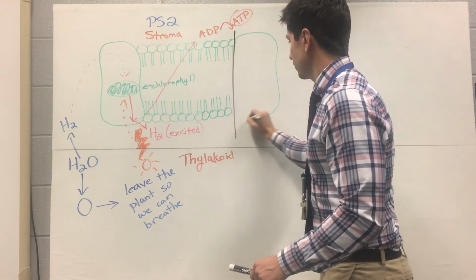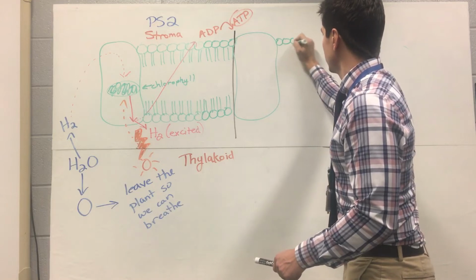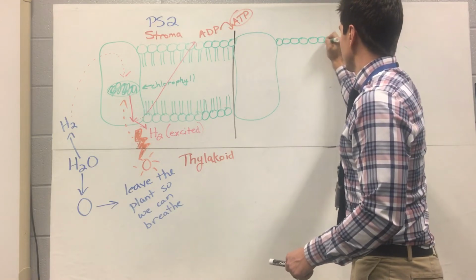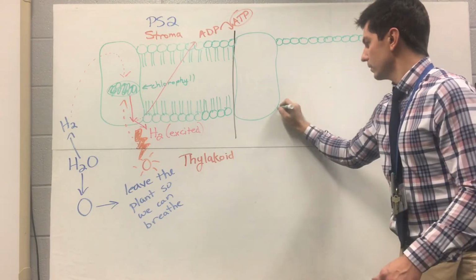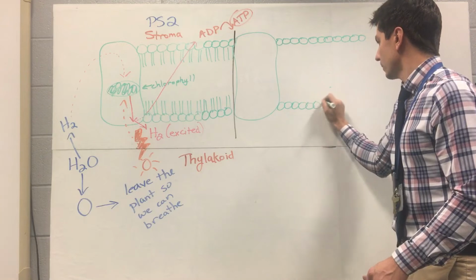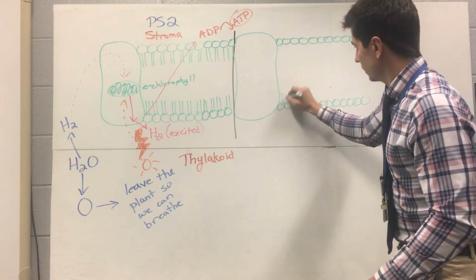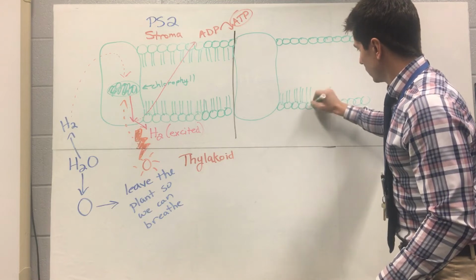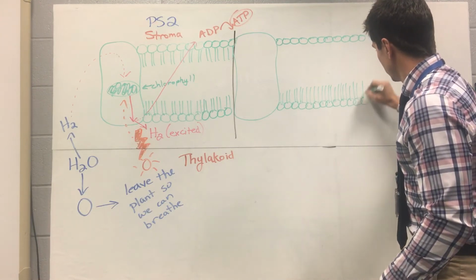So I'm going to draw essentially the same thing as photosystem 2, because we're still in the thylakoid membrane here. We still have the stroma side up here, and we still have the thylakoid side down at the bottom. Just draw a few of these in.